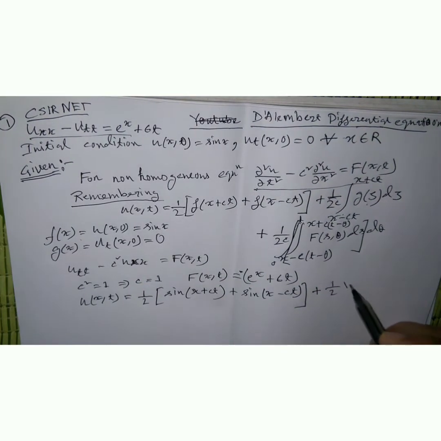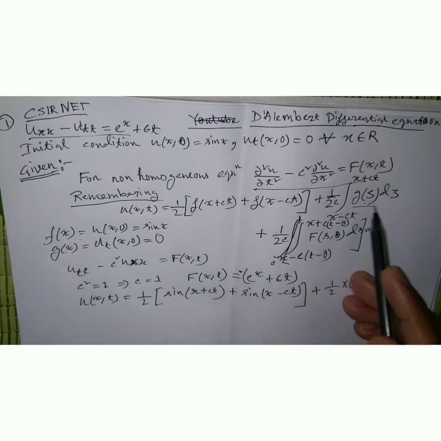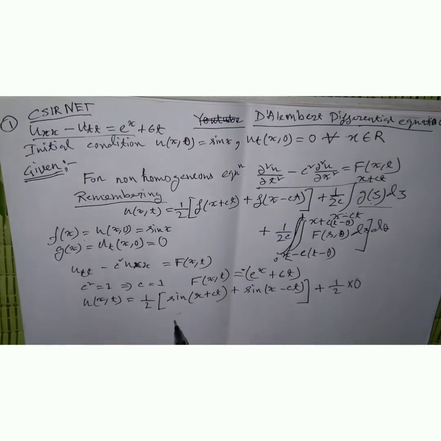So this value is 0, because the integral of g(xi) d xi is equal to 0.